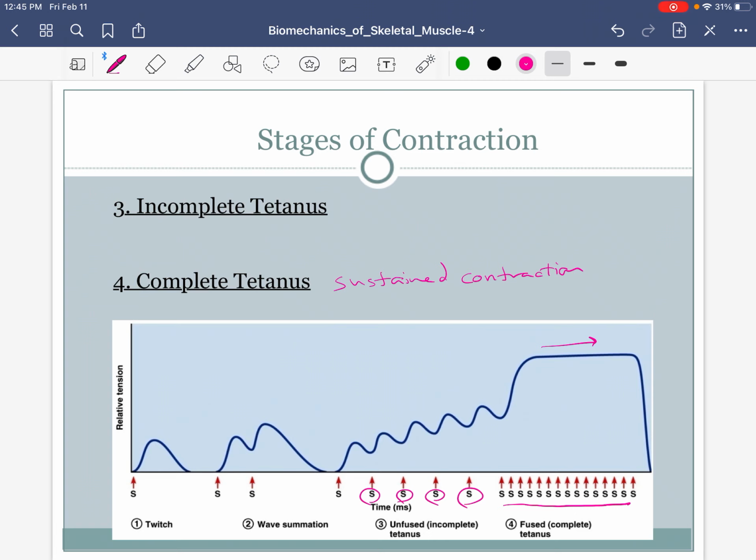The best example I can give for incomplete tetanus is going in reverse. When you start to lift weights in the gym, say you're doing bench press, you're quickly going to go through all these to get to that sustained contraction of your triceps brachii. But if you keep doing a lot of those reps and your muscles begin to get fatigued, have you ever kind of started to become fatigued and then it almost works backwards?